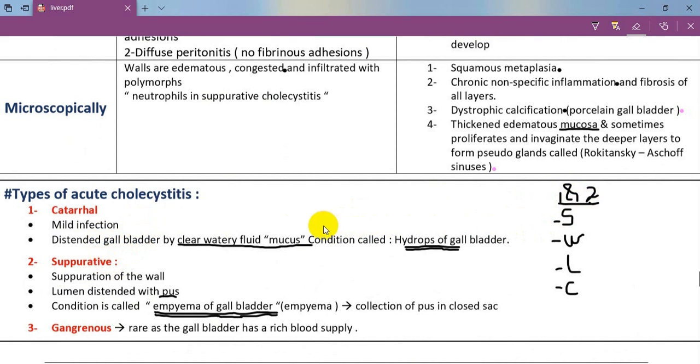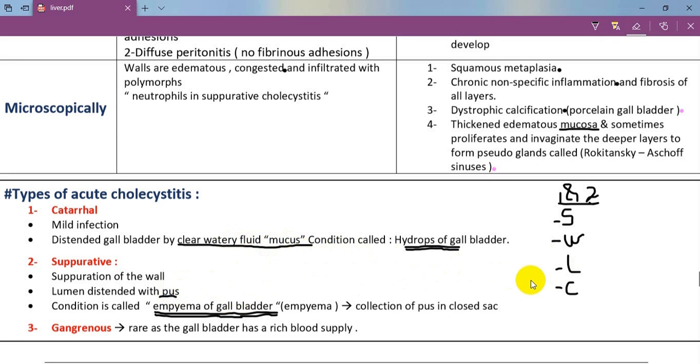The wall here will be glistening, meaning a bright wall, in catarrhal cholecystitis. But here there is separation of the wall. The lumen here is dilated, and also here it is dilated. But here it is dilated by clear watery fluid, mucus, and here it is dilated by pus.